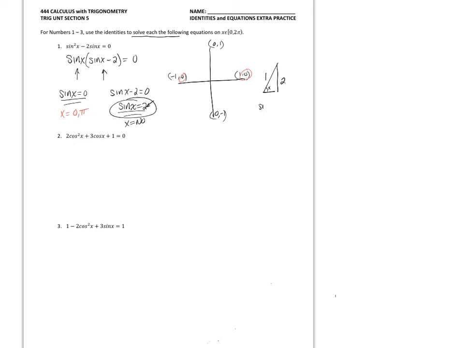So this angle right there has a sine of 2 over 1, the opposite over the hypotenuse. But that can't happen. You can't have a leg of a right triangle that's longer than the hypotenuse. So this just yields no solution. So there we go. Our solution is x equals 0 or pi. Done. Okay, moving on to the next one, number 2.